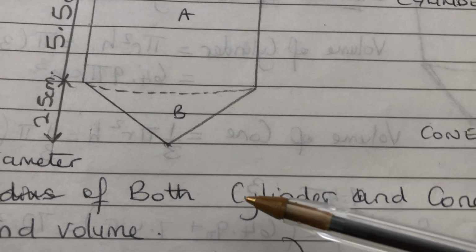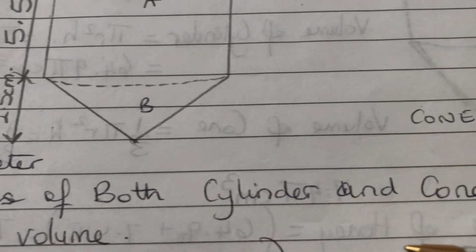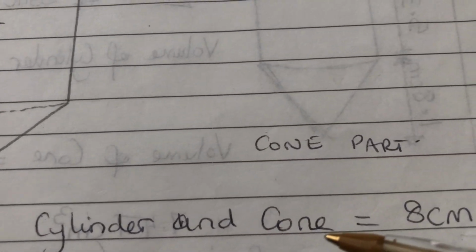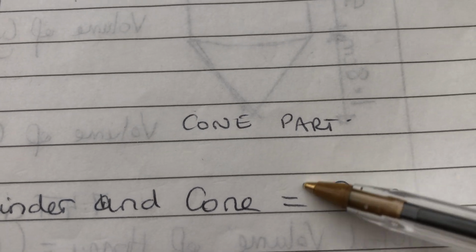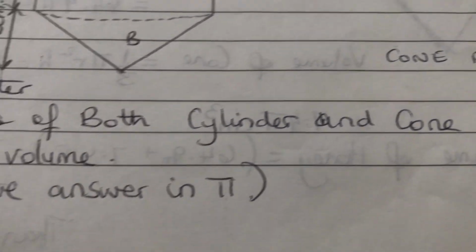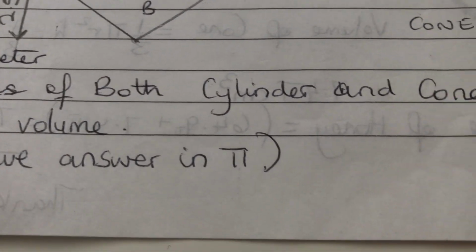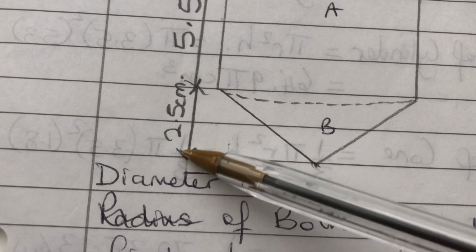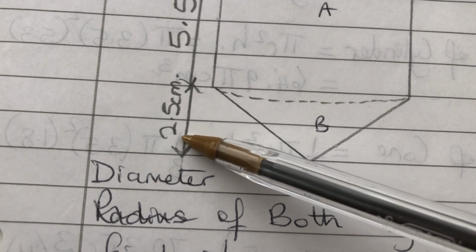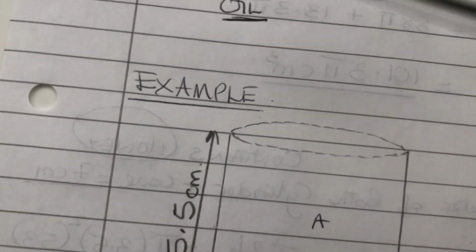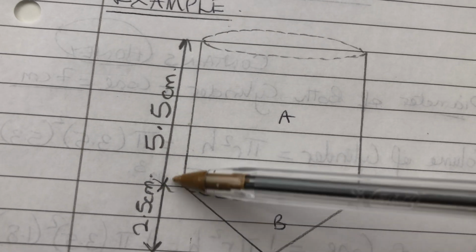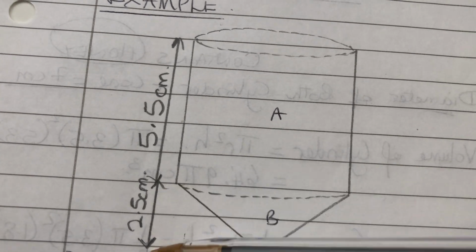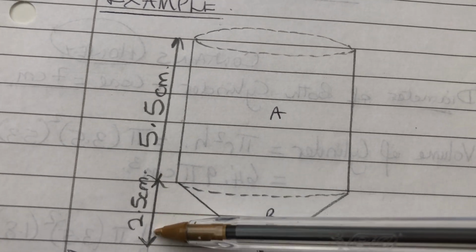Now here, again, we've been given the diameter of the cylinder and cone, so we have to halve it to get the radius. So for the volume, the cone part, the height is 2.5 centimeters.